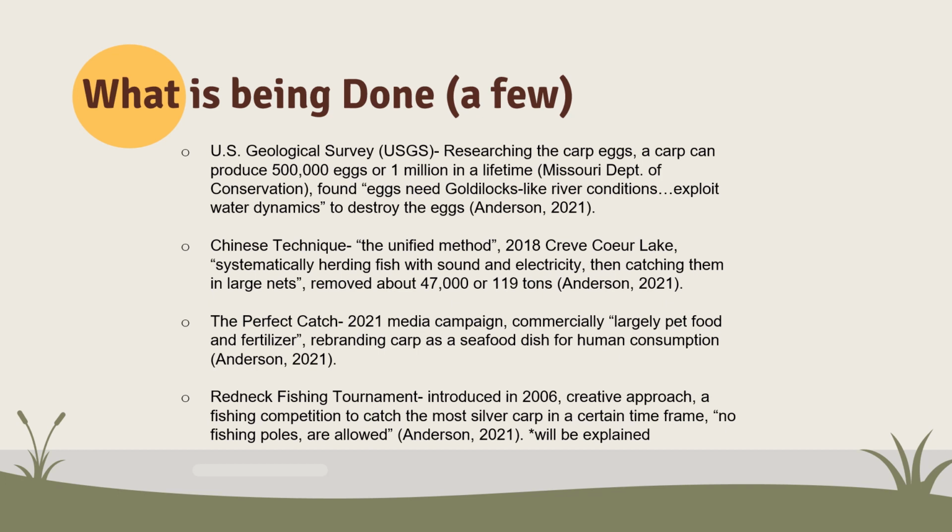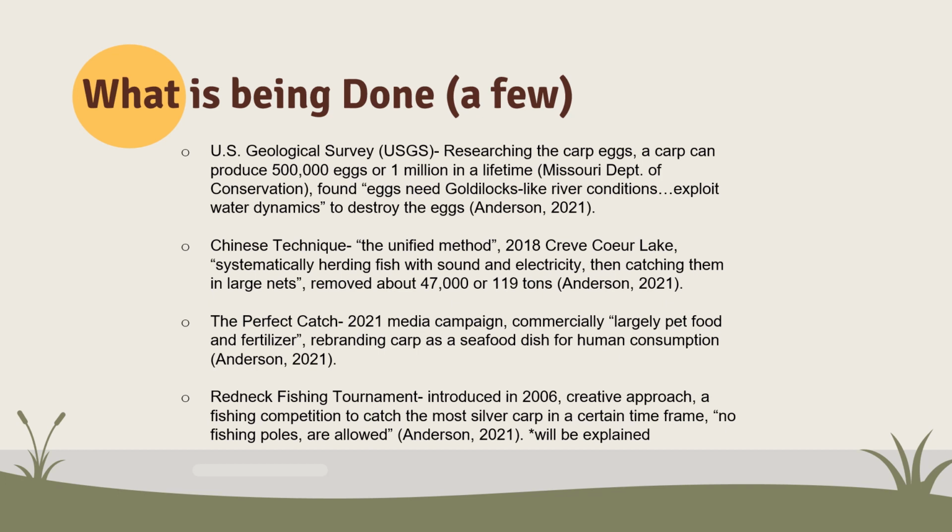Okay, so what is actually being done about the issue? Here are a few things that are going on. The USGS has been researching the carp eggs, and the carp can actually produce 500,000 eggs or 1 million in a lifetime. They found that the eggs actually need what they call Goldilocks-like river conditions.